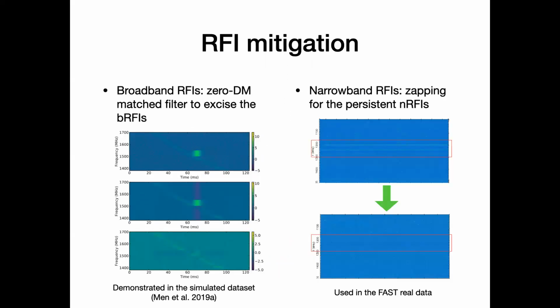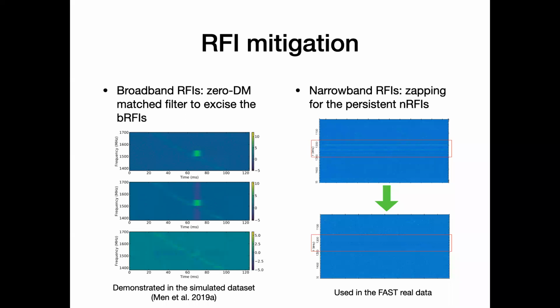To mitigate that for the broadband RFI, we adopt the DM-zero matched filter, and we just do summation of the frequency channels to get the DM-zero time series, and we just excise the spikes in the DM-zero time series.